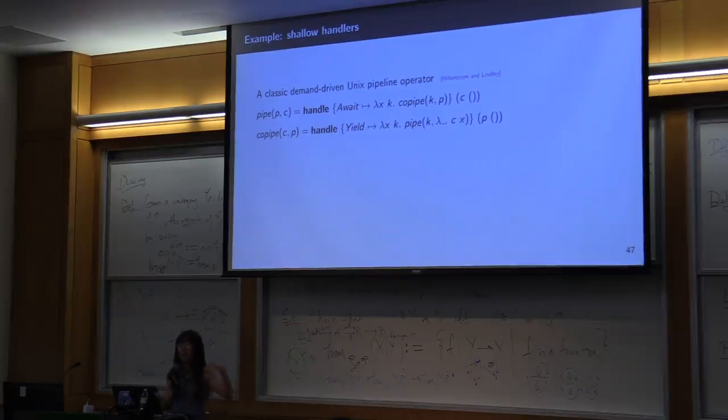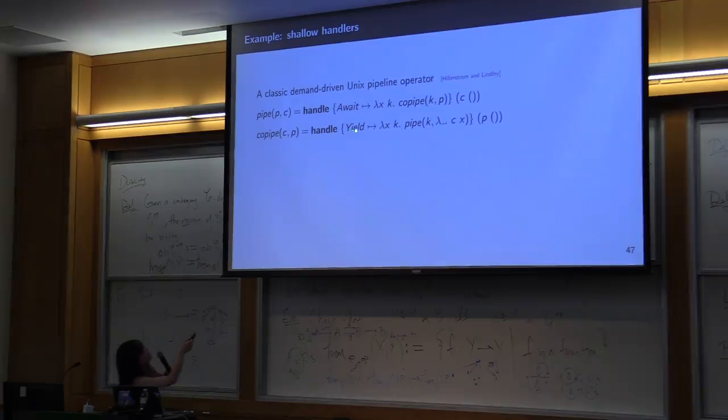Basically you have a producer and a consumer, and the producer can produce things that will get consumed by the consumer. In this case, we will call them pipe and copipe. Pipe is the consumer that waits for things, and copipe is the producer that will produce things. This P stands for the producer, and this C stands for the consumer.